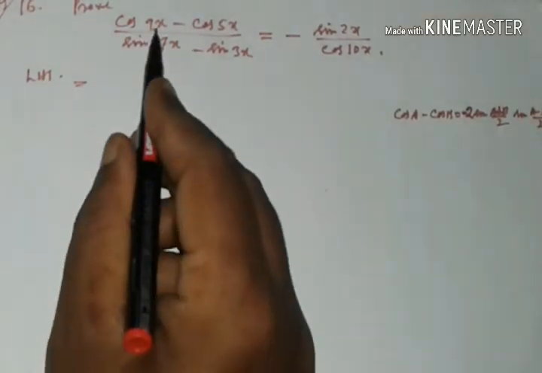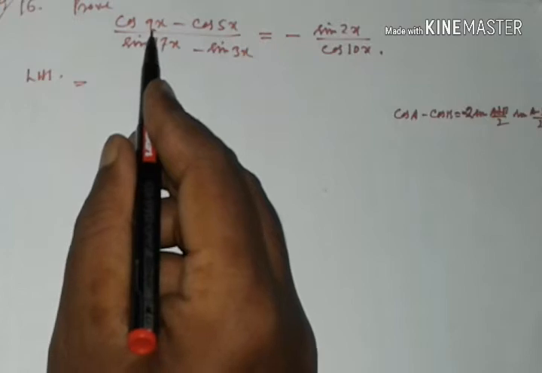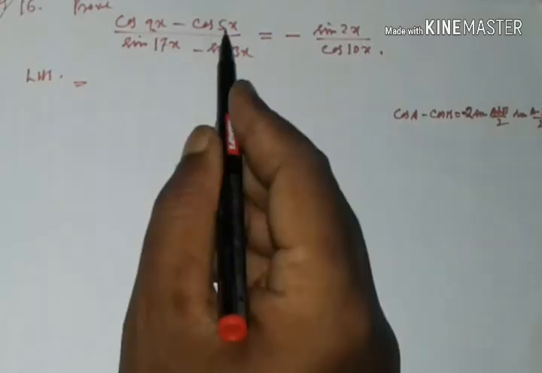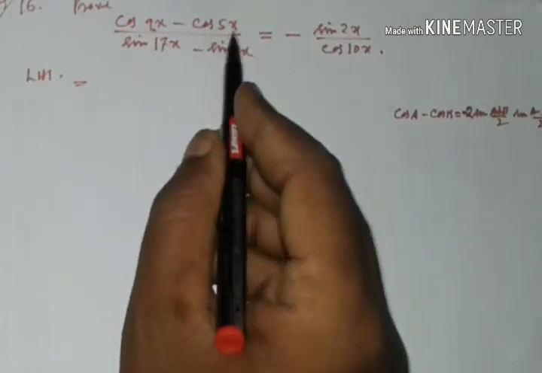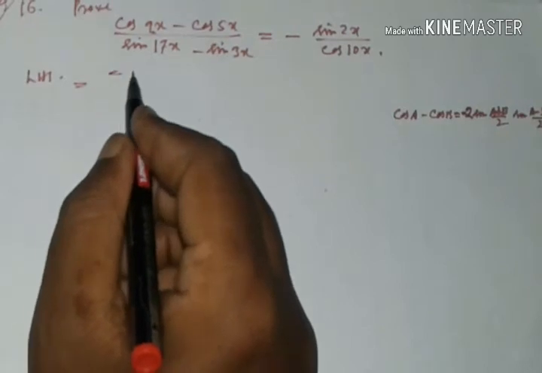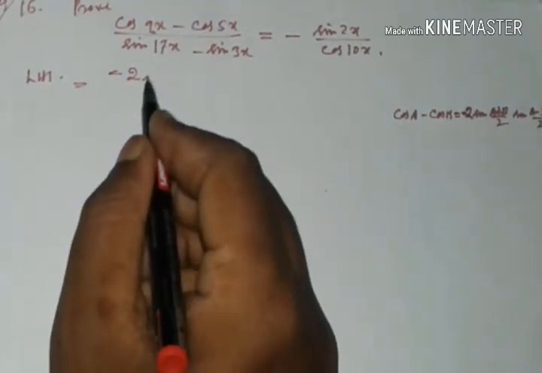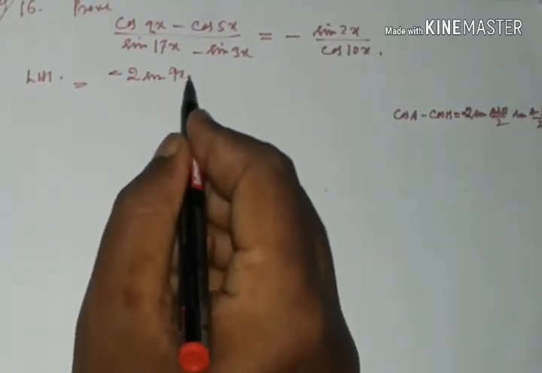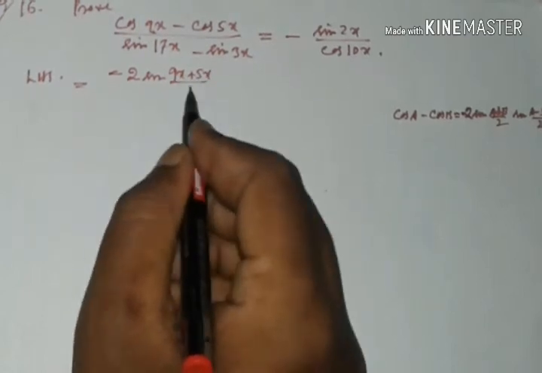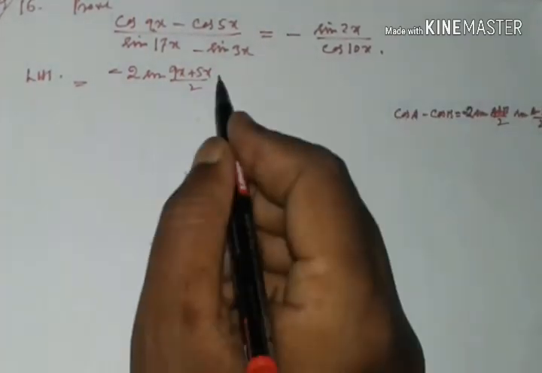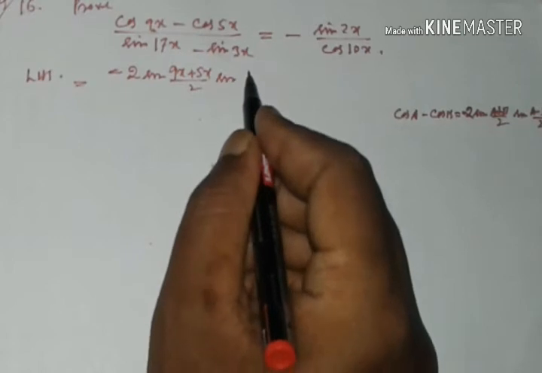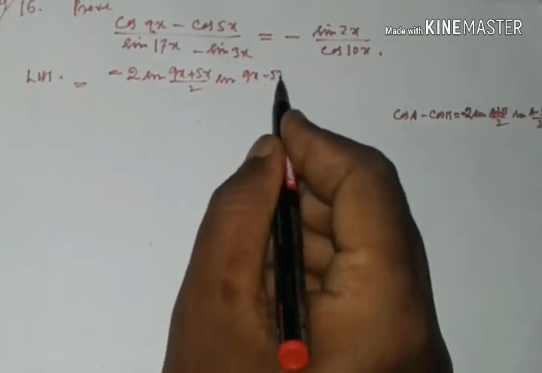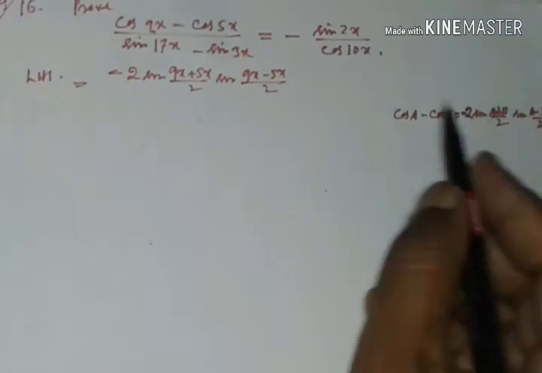Here 9x will be considered as A and 5x as B. Therefore it is minus 2 sin (9x plus 5x)/2 sin (9x minus 5x)/2.